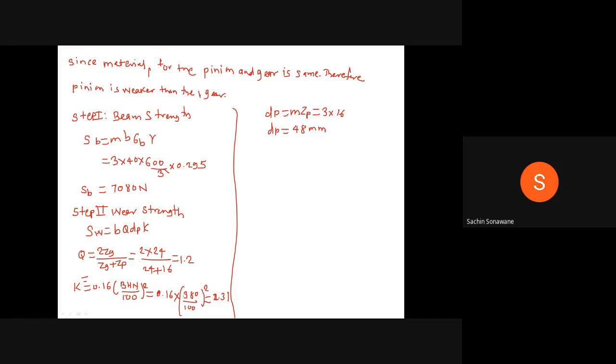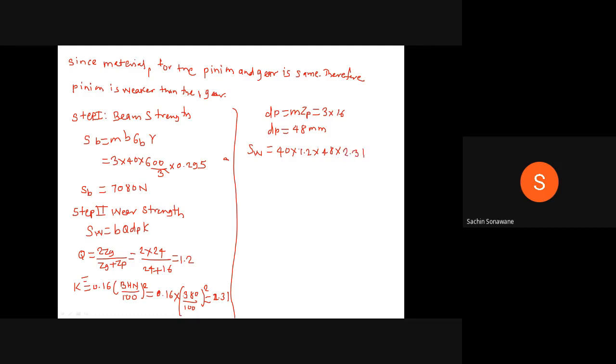Now substitute the values of all these in the equation for SW and find out SW. Therefore, SW is equal to, what is the value of B? 40 into 1.2 into 48 into 2.31.